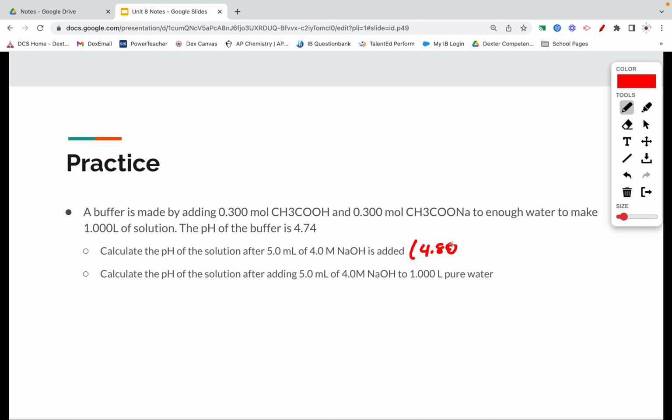Now let's compare that to how much our pH would change if we added the same amount of sodium hydroxide to pure water. Again, it's dilution. We have 5 milliliters of 4 molar, diluted into a liter, and we have our new concentration, which we've already figured out: 0.0199.